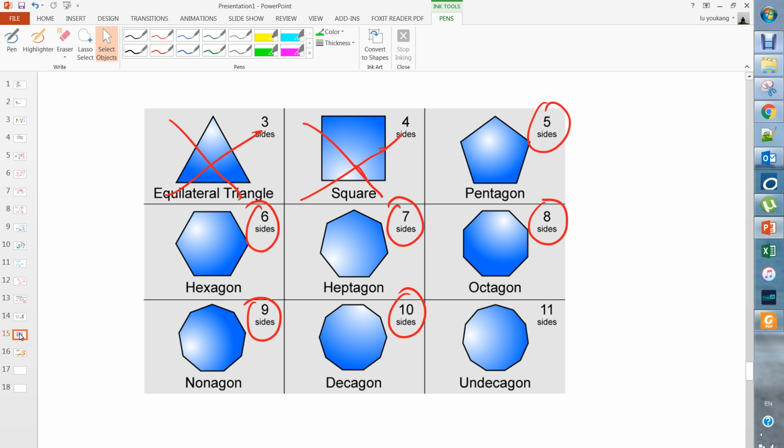Or I will give you decagon, and you need to tell me how many sides. Can you see or not? 5 to 10 only.